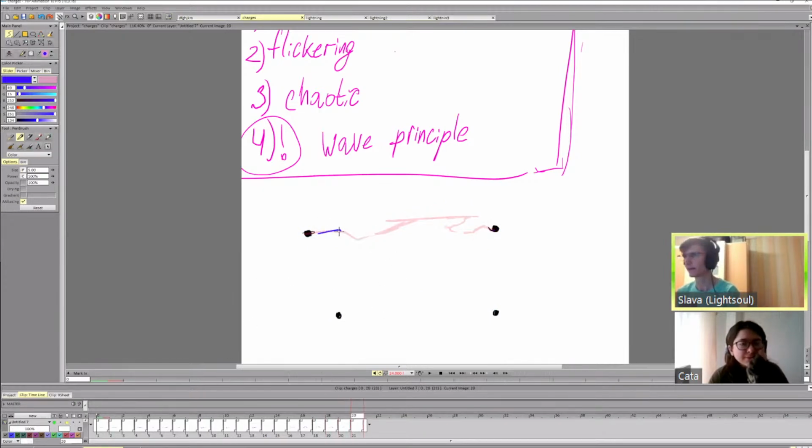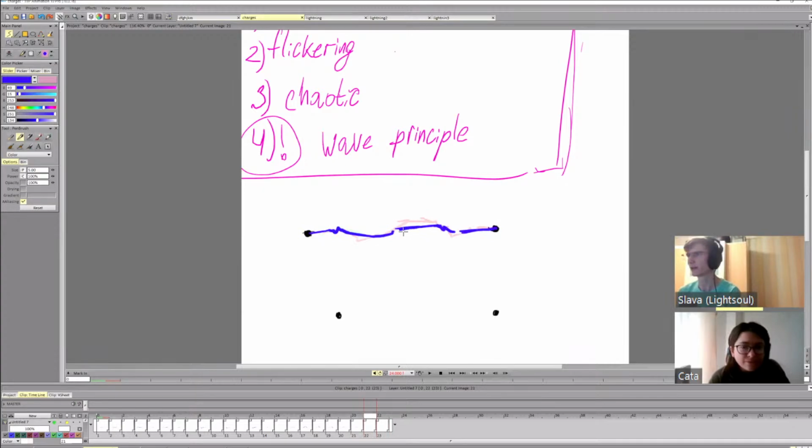And let's add some really slow changes here and there. So this changes a bit slowly. Slowly changing and going to the right.